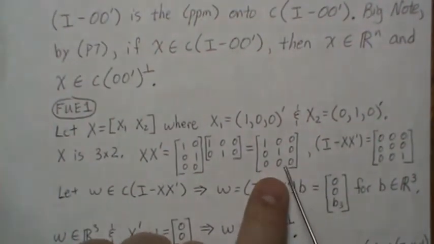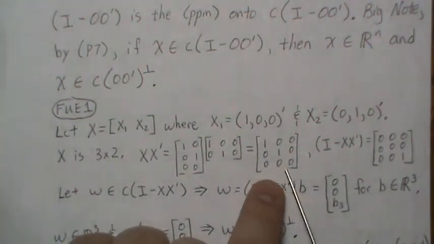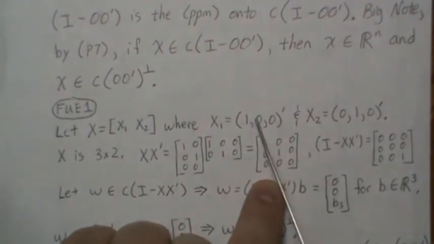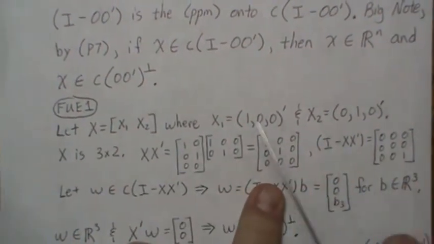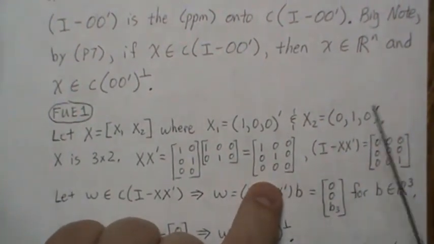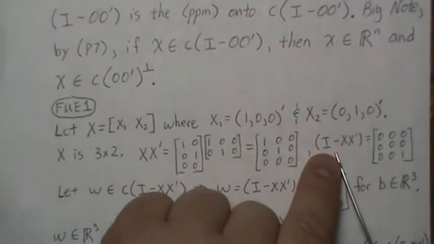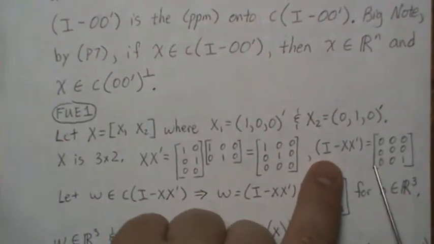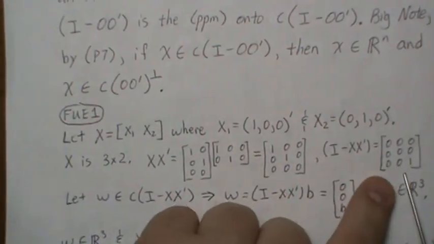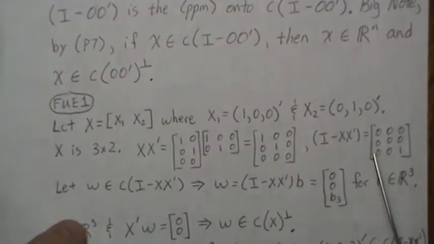Any vector that we pick in 3 space and pre-multiply by this projects it down onto the column space of X, which is the X1, X2 plane, or the XY plane, however you think about it, because Z is always 0. Now if we look at I minus XX transpose, it's easily seen to be this, where it's just a 1 in that last component.